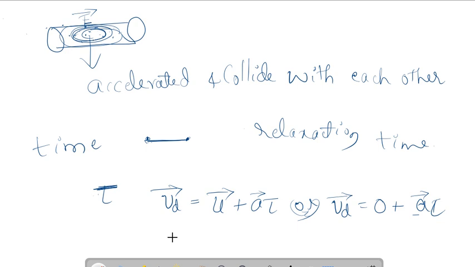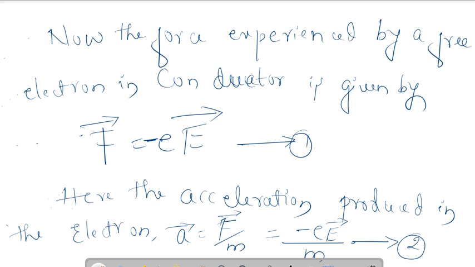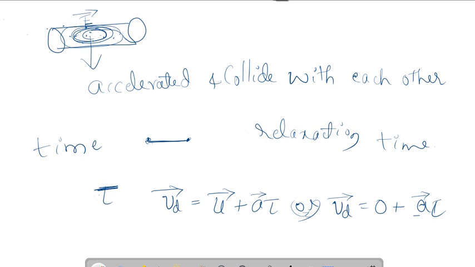Now we have derived the acceleration produced in the electron, that is a bar. From equation number 2, the acceleration produced in the electron is equal to minus small e into capital E divided by m.